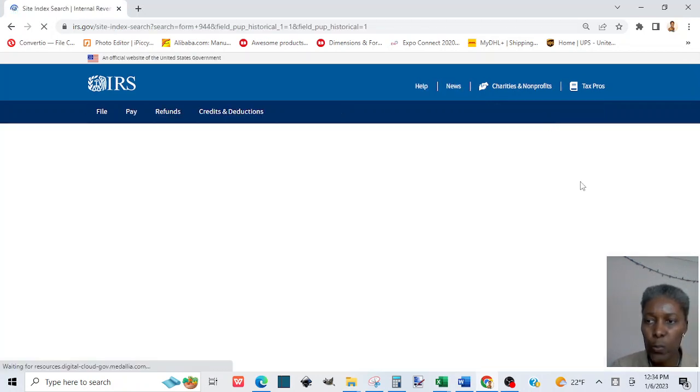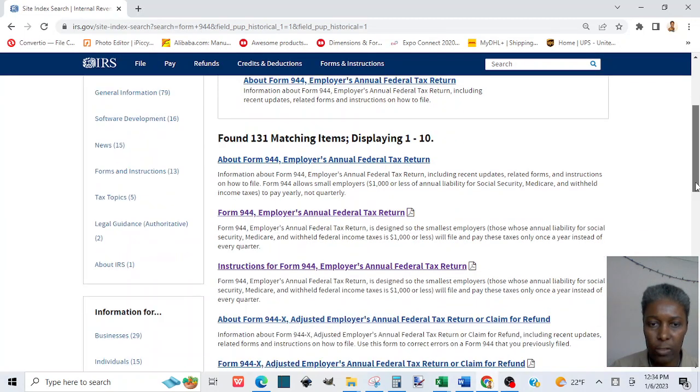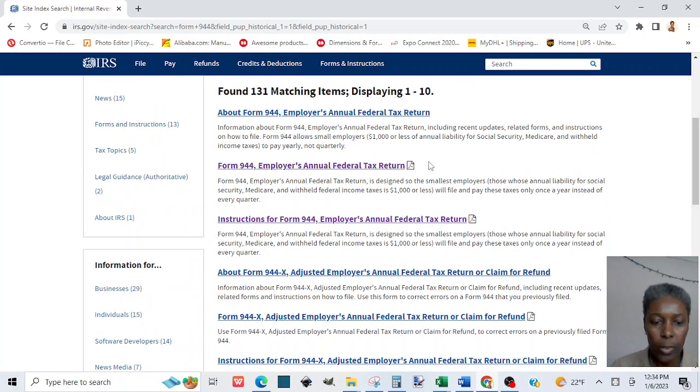And it will open the form. It will give you the form and the instructions. So I will recommend you download the Form 944 Employer Annual Federal Tax Return and the instructions.